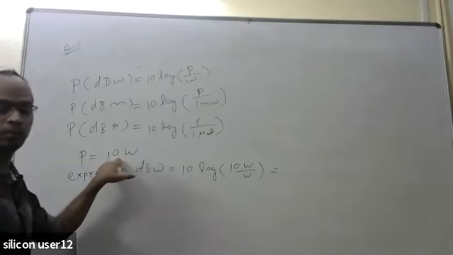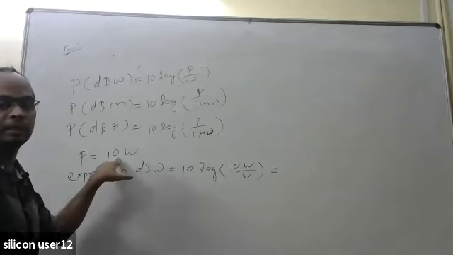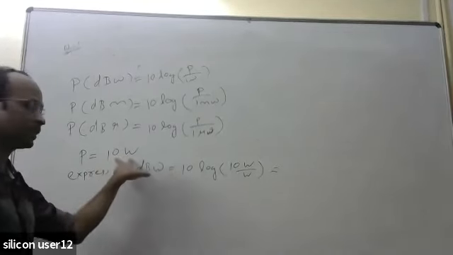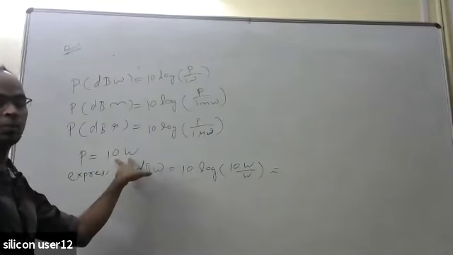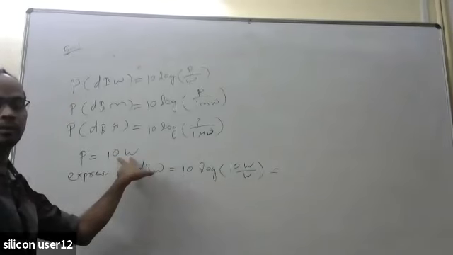If I have 10 kilo of sugar, how much is it in gram? 10,000 gram. Similarly, if I have 10 watt, how many milliwatt will it be? 10,000 milliwatt. Yes or no? Yes, sir.